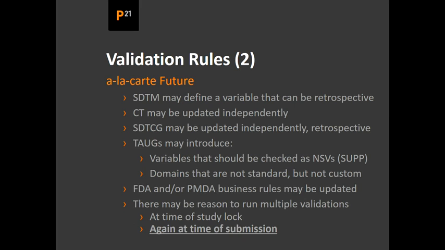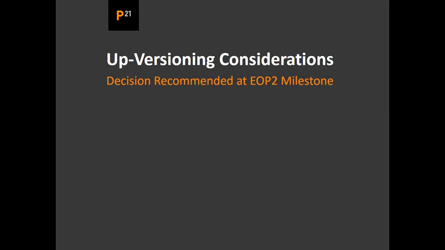If it's the last of your studies that you're locking before submission, then those would use the most current. But any studies locked a year, 2, 3, 5 years ago, it's advantageous for you to run the most current version of the validation so that you're sure you're identifying what the FDA is going to see when they run their version of validation, because they will run the most current, and both FDA and PMDA.